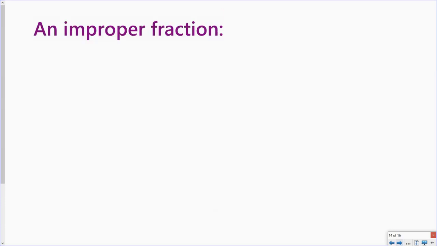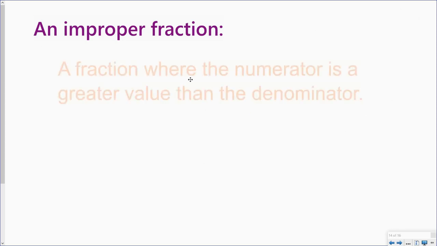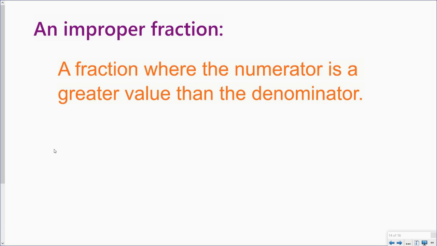Now, we've been changing our mixed numbers to improper fractions. An improper fraction is a fraction where the numerator is greater than the denominator. So the one we just did was 17/6. The numerator, which is right here, is larger than the denominator, which is right here.